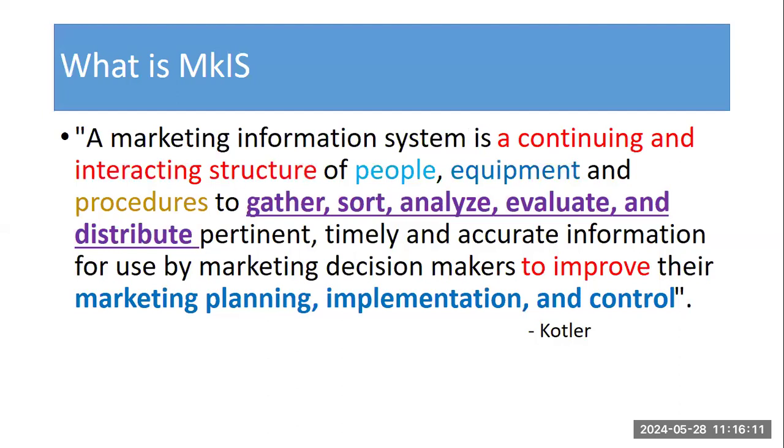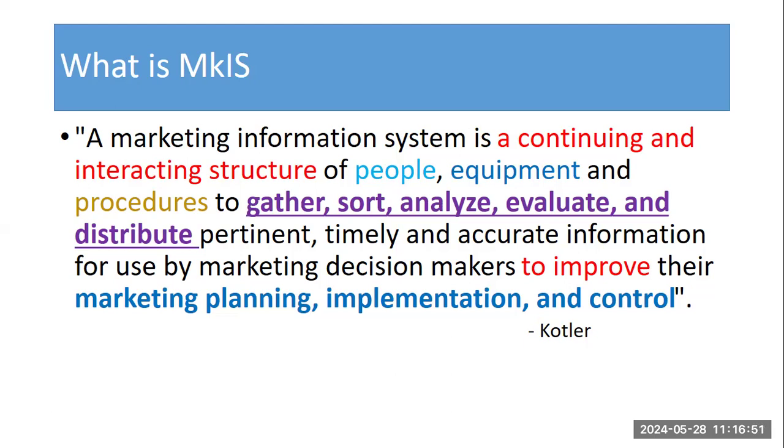Another example, according to Kotler, the famous scholar in marketing: a marketing information system is a continuing and interacting structure of people, equipment, and procedures to gather, sort, analyze, evaluate, and distribute pertinent, timely, and accurate information for use by marketing decision makers to improve their marketing planning, implementation, and control.